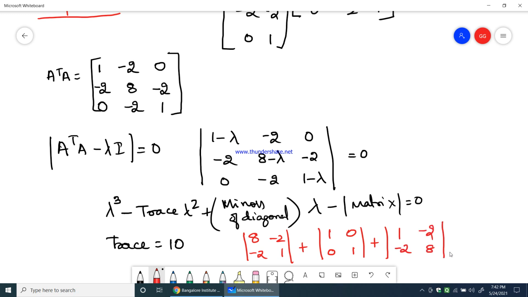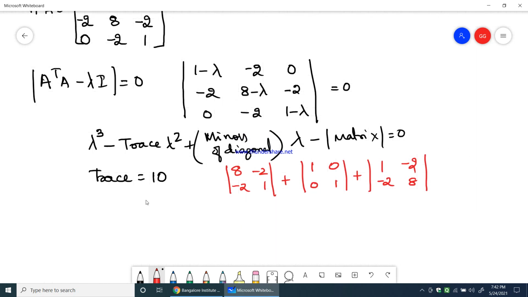So what do we get here: 8 into 1 is 8, minus 2 into 2 is 4, minus 2 minus 2 is minus 4, plus 4. So 8 minus 4 is 4, plus 1 into 1 minus 0, so plus 1, plus 8 into 1 is 8, minus 2 into 2 is 4, which is again 8 minus 4 is 4. So 4 plus 4, 8 plus 1, which is equal to 9. Now this is the 9 that we got.